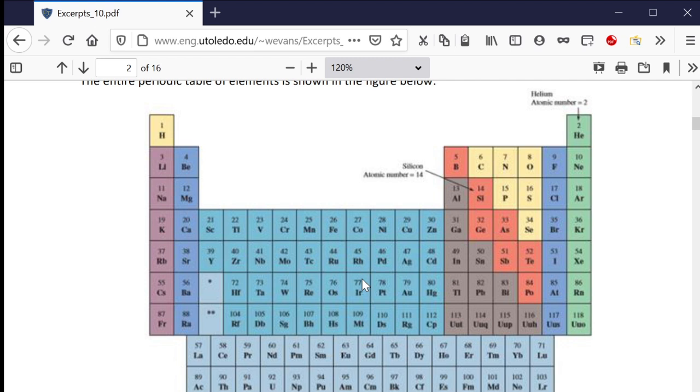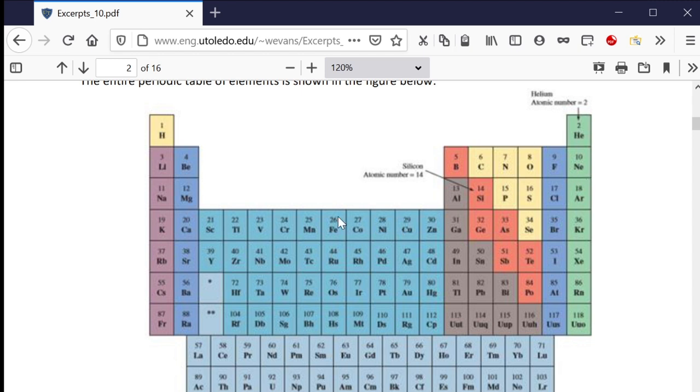And this is that picture of the periodic chart, and you can look at it. You can see the number of protons and the number of electrons. Hydrogen has 1 of each, helium has 2, lithium has 3, beryllium has 4, boron has 5, carbon has 6, nitrogen has 7, oxygen has 8, fluorine has 9, and this one over here, Ne, has 10.